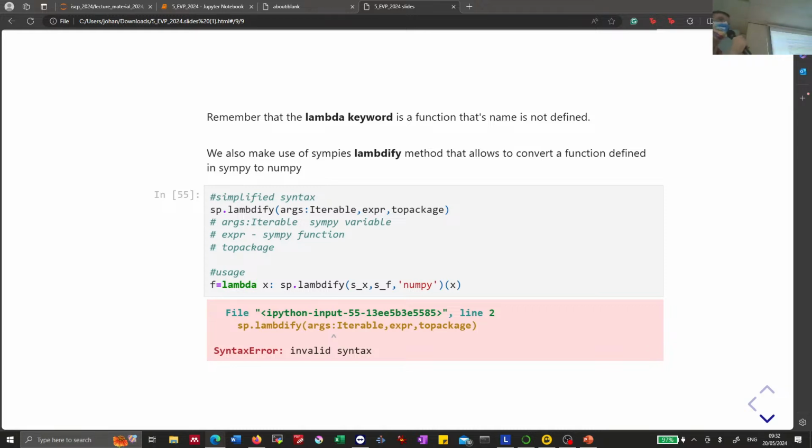So lambda is a built-in Python keyword that allows us to define a function without naming it. The expression will be evaluated on call, not within interpretation. Lambdify instead is a function built in SymPy, so this is not built in, and it helps to translate a SymPy expression to another package.